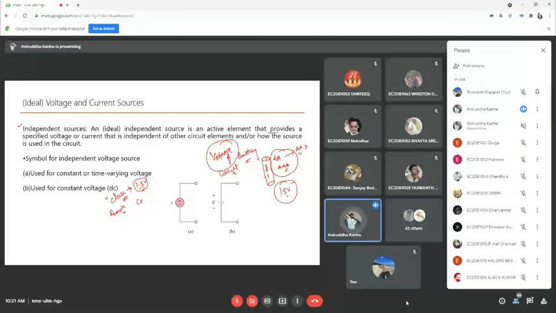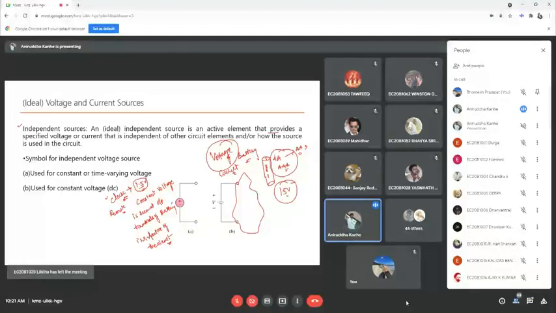So a constant voltage is seen at the output terminals of the battery irrespective of the circuit. It's not like if you add some circuit to your cell or battery, it will change this voltage. That is not going to happen. So what exactly does it mean?